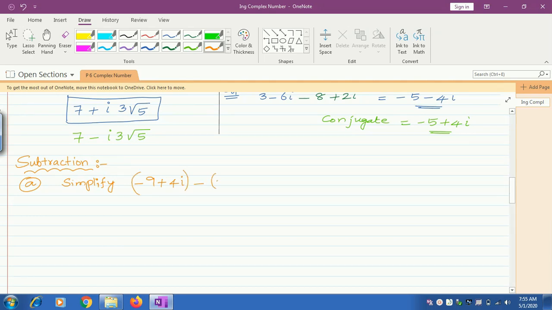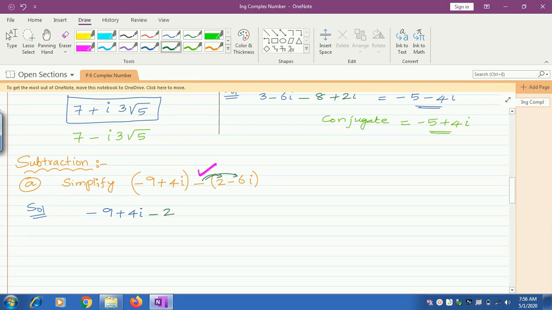minus (2 minus 6i). So what happened here? In the last problem we had plus, therefore here it is minus, therefore subtraction. It is just like the same thing as addition, only you have to multiply the minus inside. If you multiply the minus inside, what happened here?